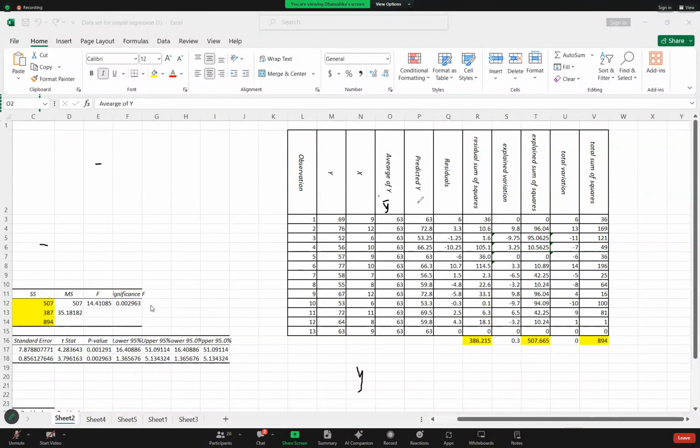Then the predicted value means y hat. Residual means error term, let's say E. How do we get this predicted value? I'll show the first one.